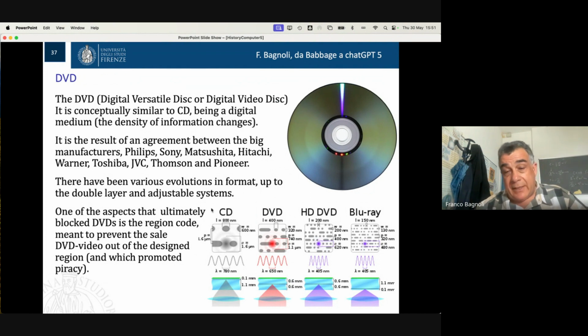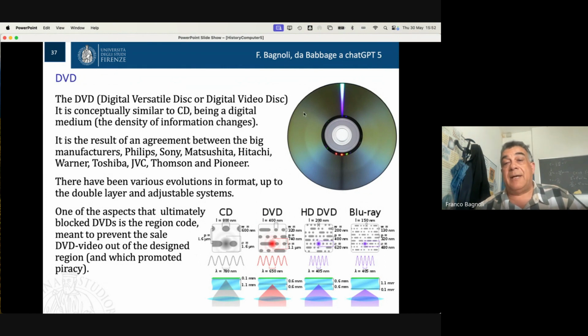Another problem with DVD was that the movie world was concerned about copies being bought in one country and sold in another country. So, like happened with the CD, they inserted the regional code.